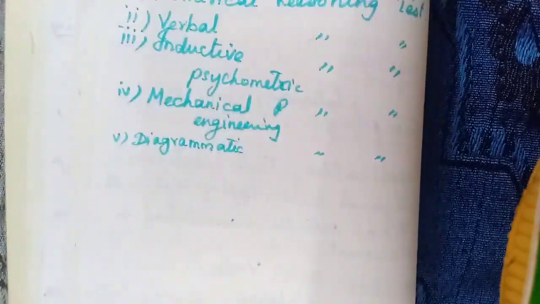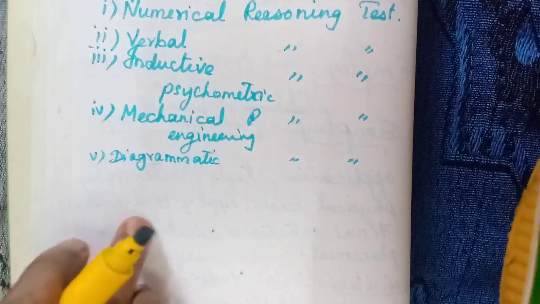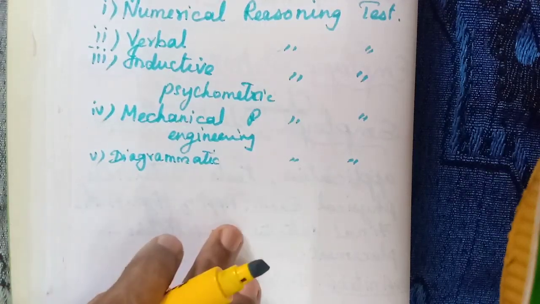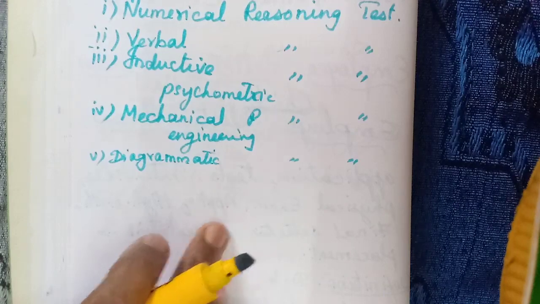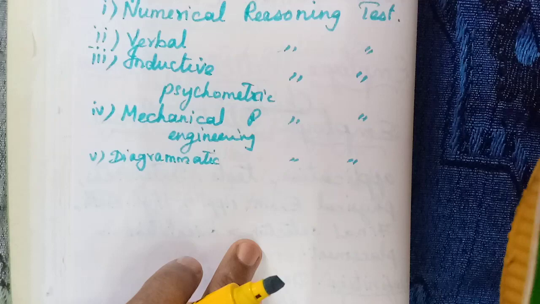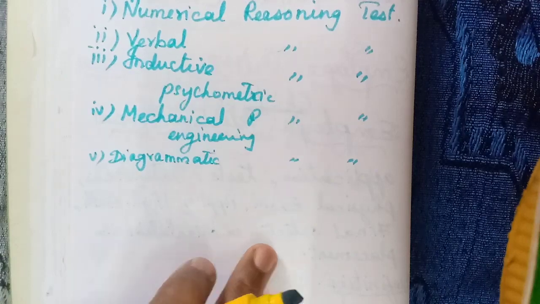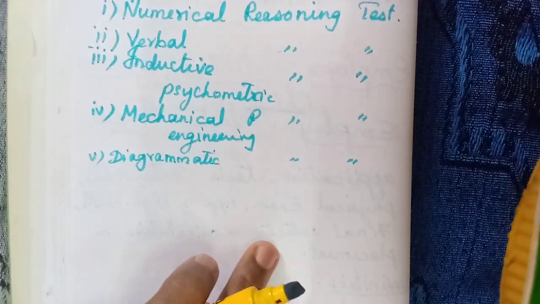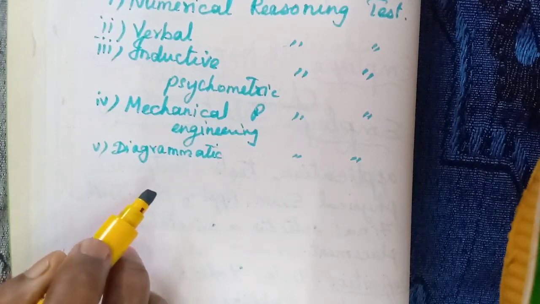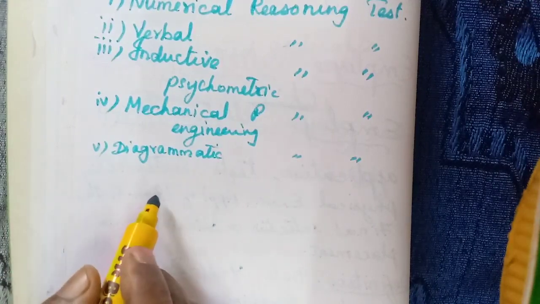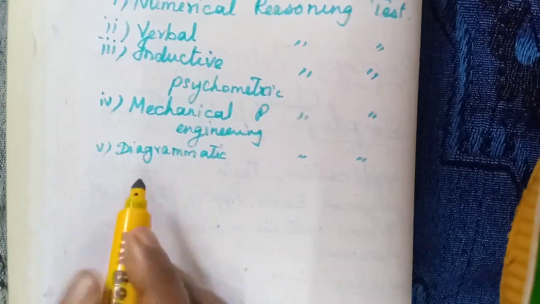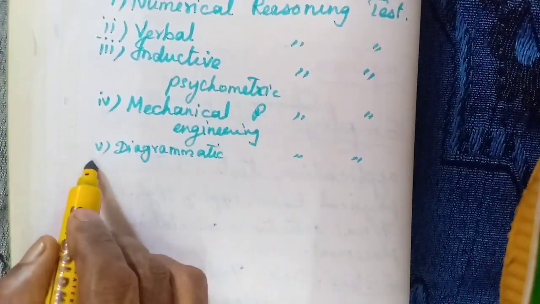Diagrams will be there. First one a square, then a rectangle, then a circle. Again they will start with the first one, so we will know the fifth one will be the second one. This tests the shapes, how to observe and how to take decisions related to the diagrams.